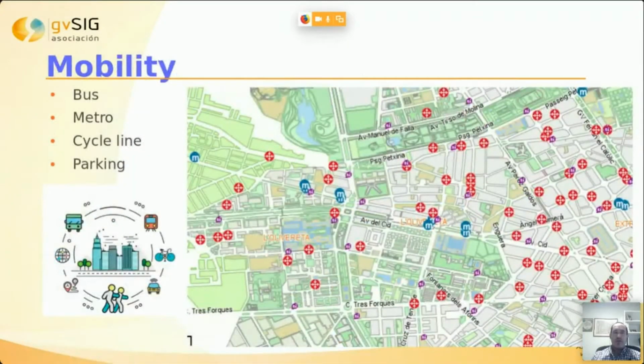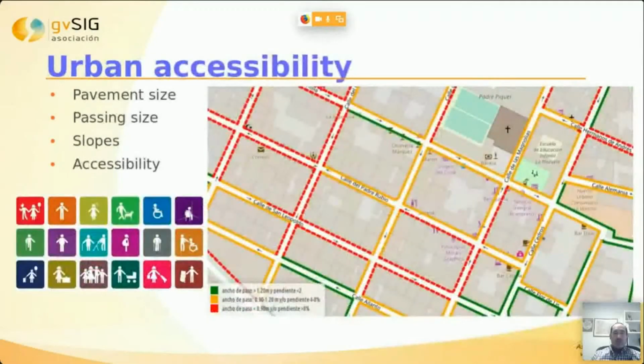We also can manage the information about mobility, for example, the bus lines, the metro, cycle lines, parkings, including the number of free parking locations. We can manage the urban accessibility.